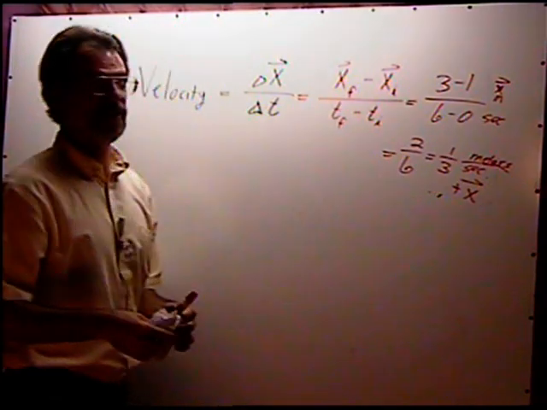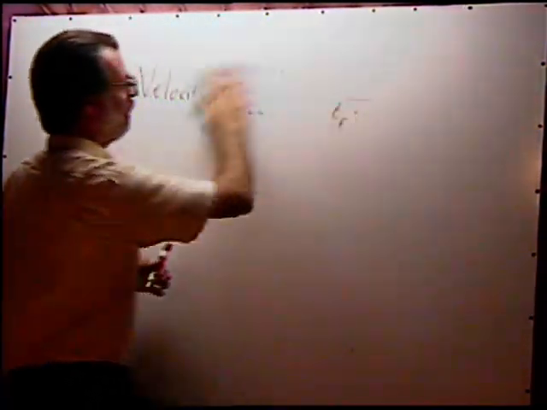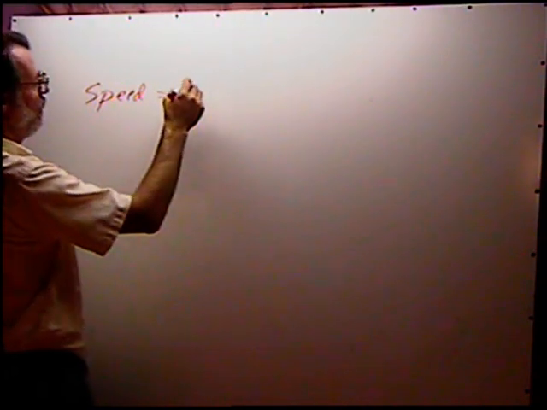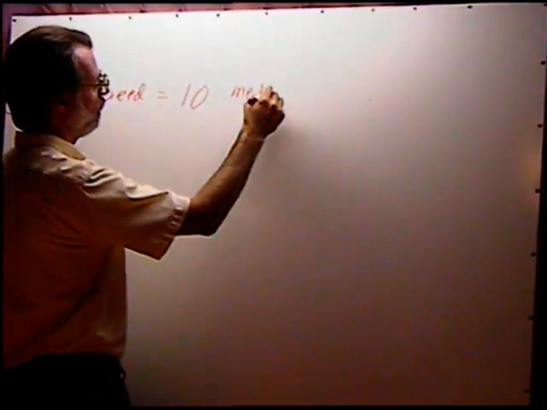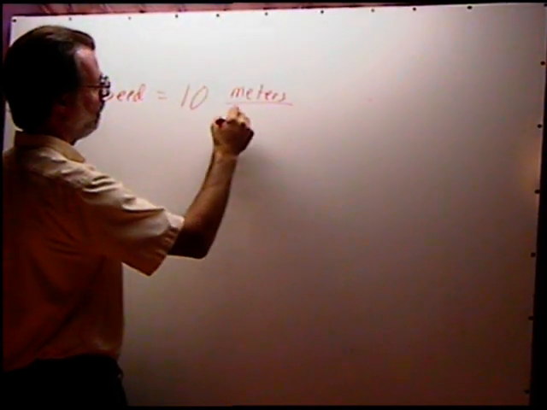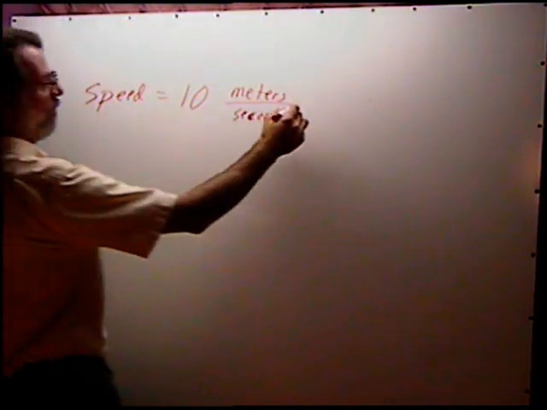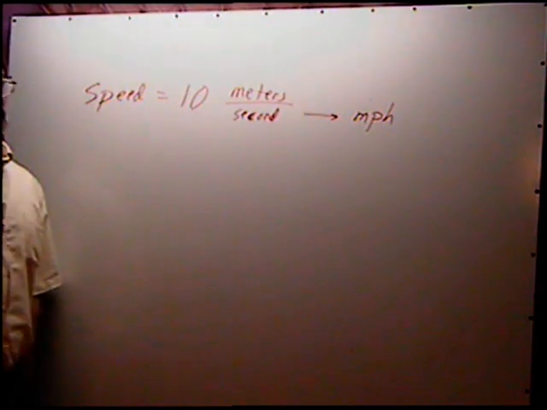This is really just for practice, but suppose we calculate a speed of, say, 10 meters per second, and we want to convert that into miles per hour. How would we do that?